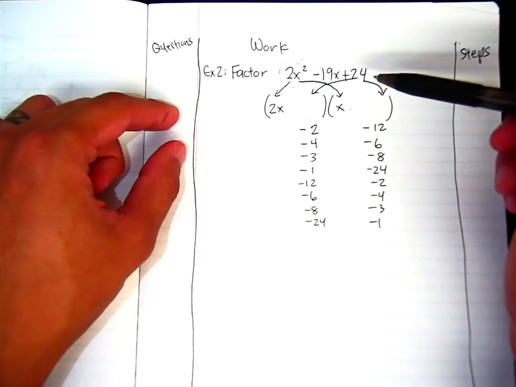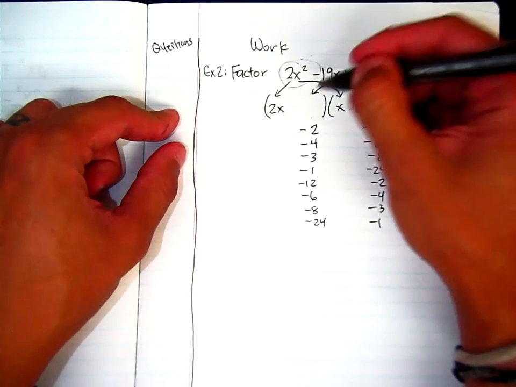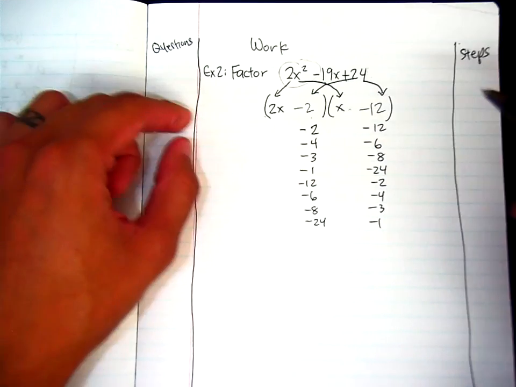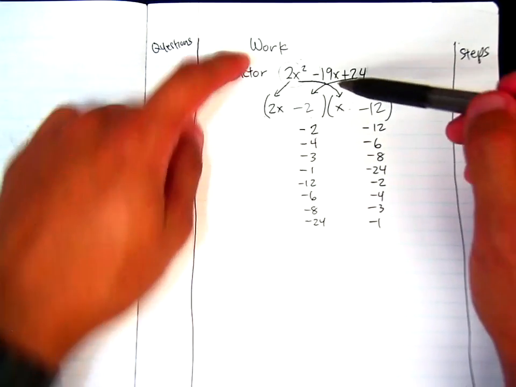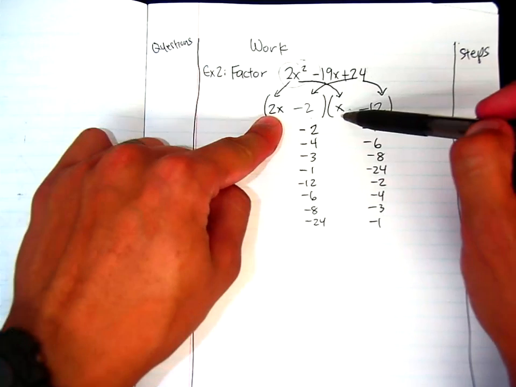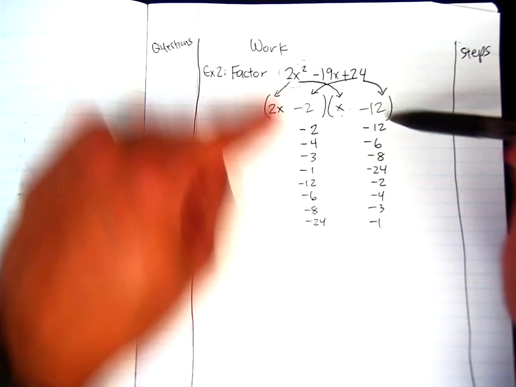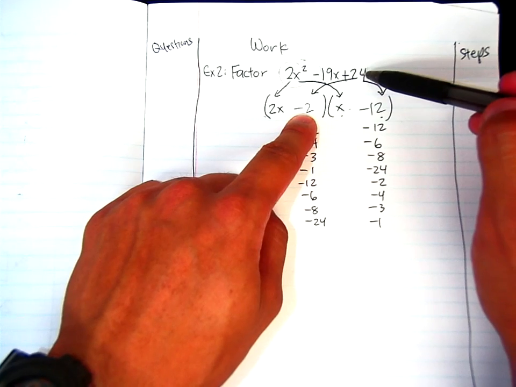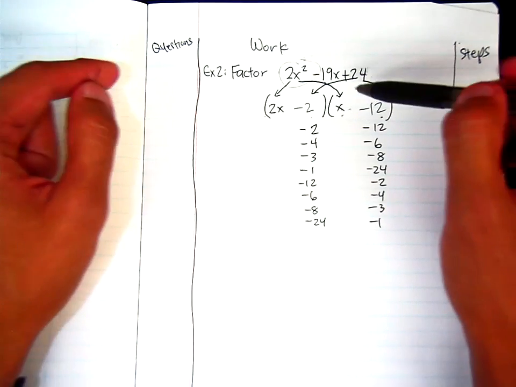So, for example, if I put in negative 2 and negative 12, I know ax squared is good because 2x times x is 2x squared, and I know 24 is good, because negative 2 times negative 12 is 24. What I have to check is the middle term.